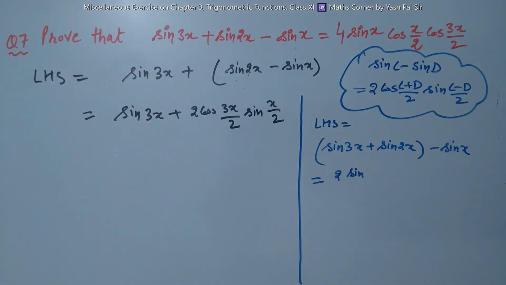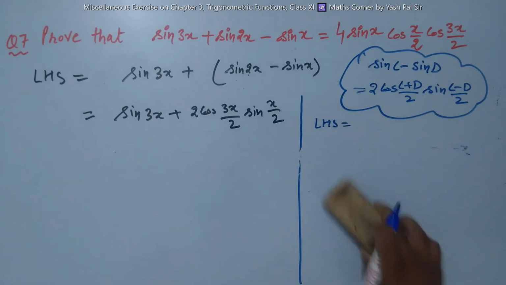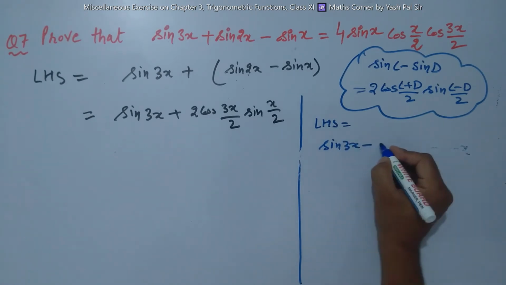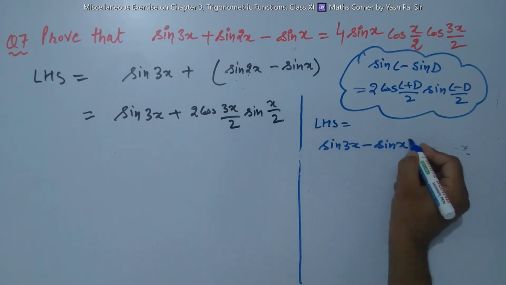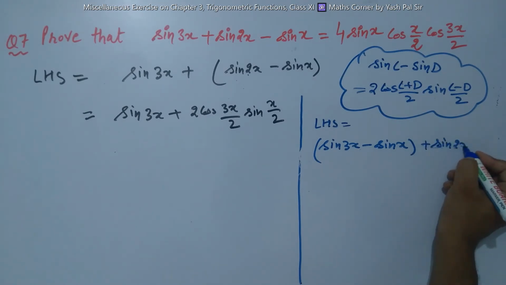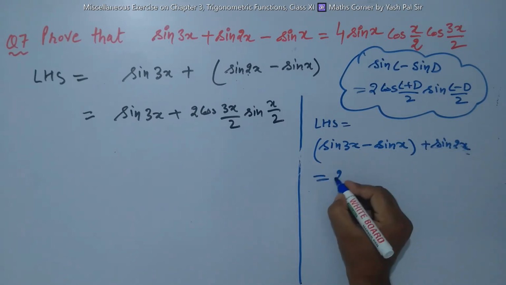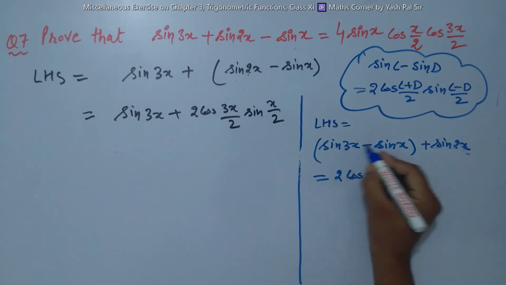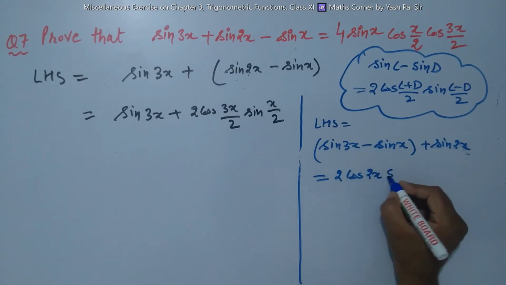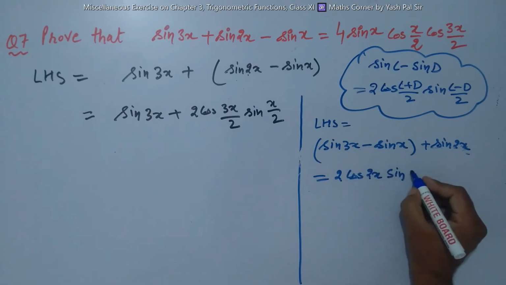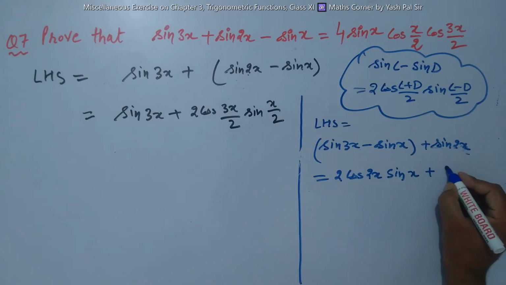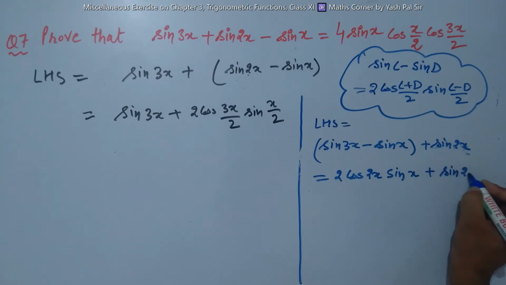Moreover, we can also take this way, sin of 3x minus sin of x plus sin of 2x. So this becomes 2 cos (3 plus 1)/2, 2x, into sin (3 minus 1)/2, x, plus sin of 2x.